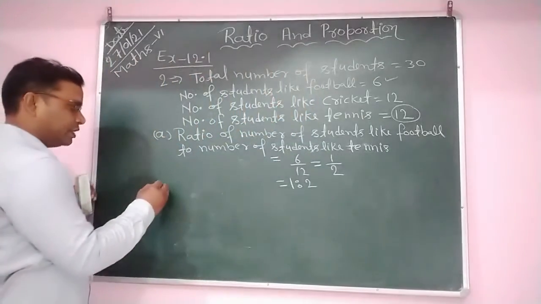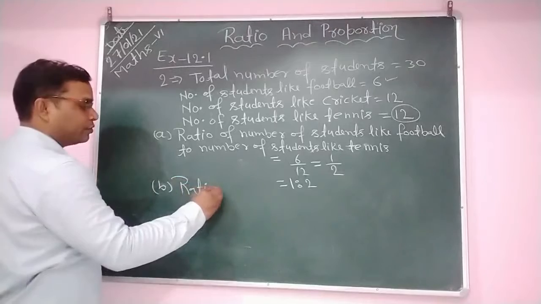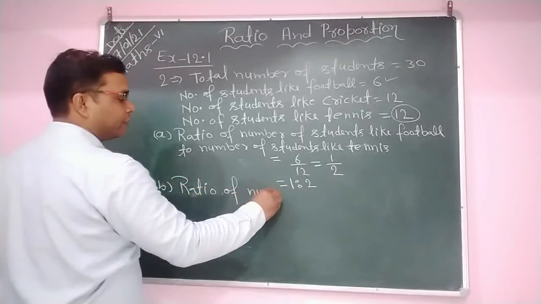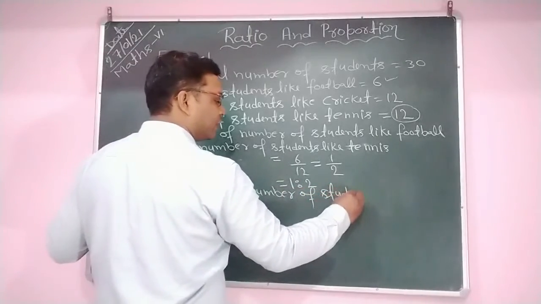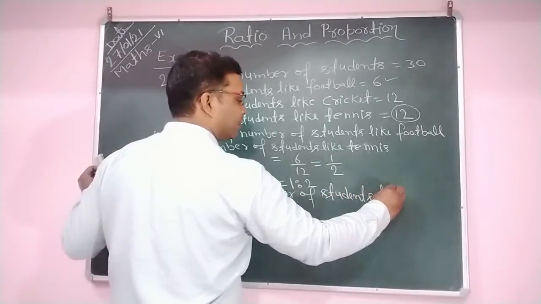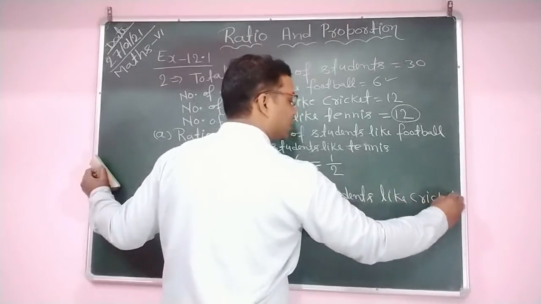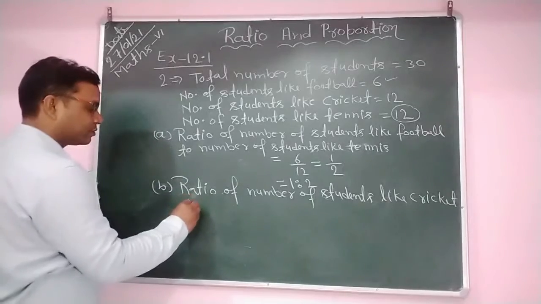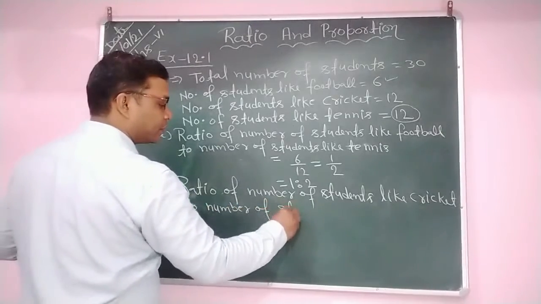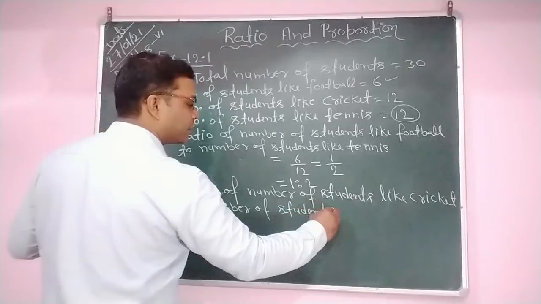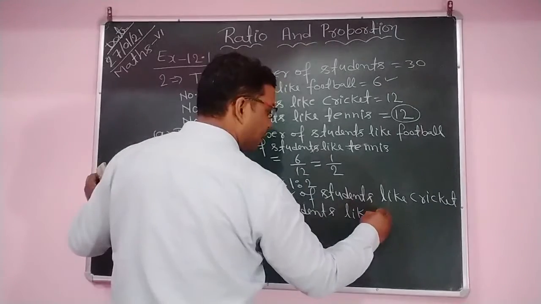B part of this question, here you write: find the ratio of number of students who like cricket to number of students who like football.